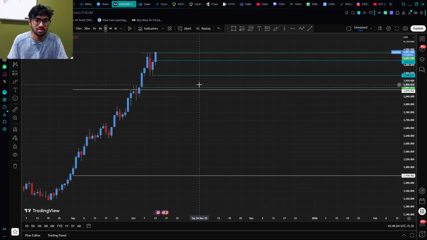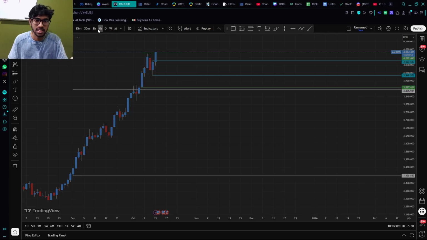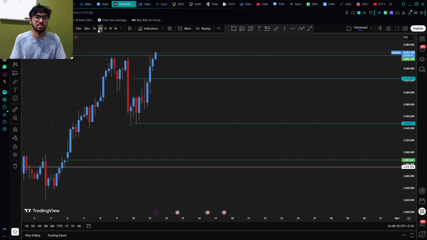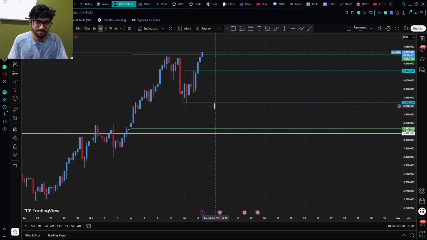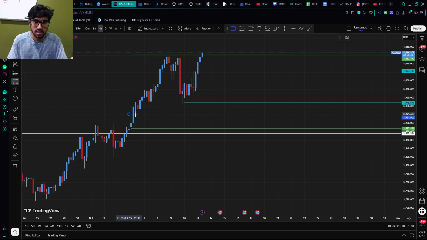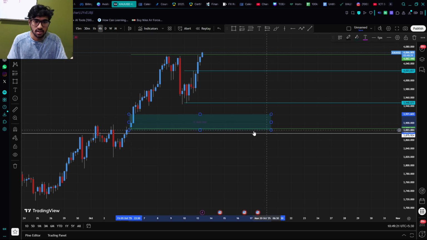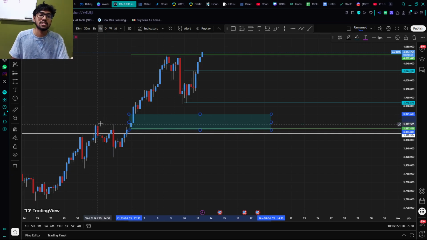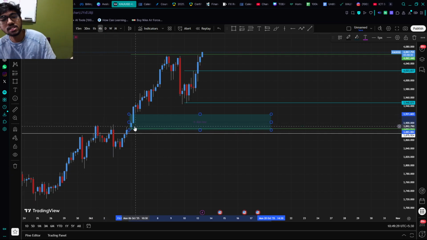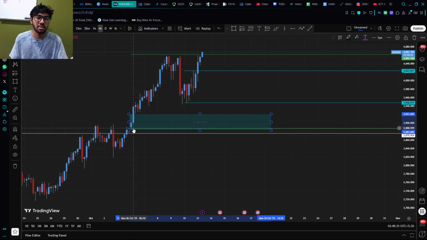On the daily, we have a good zone right here, around 3,900. Interesting. On the 4 hours, we have a zone at 3,920. You can also see that it can act as a support around this region. You can see this has acted as a resistance, so this is basically a resistance becoming a support.